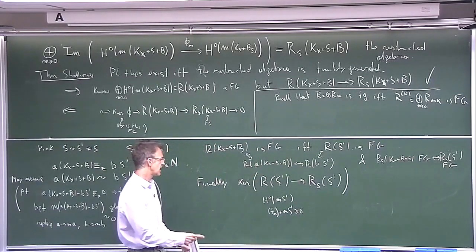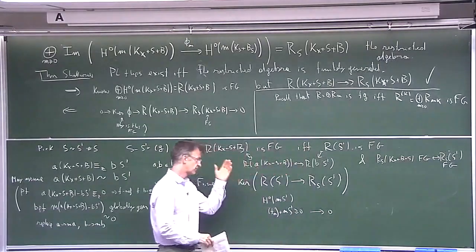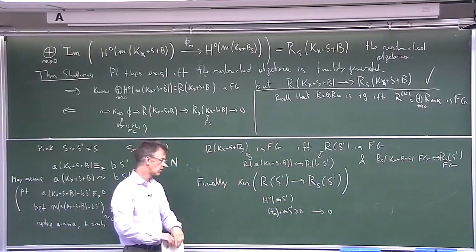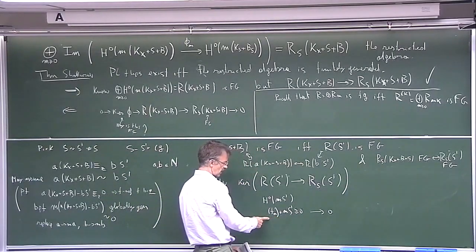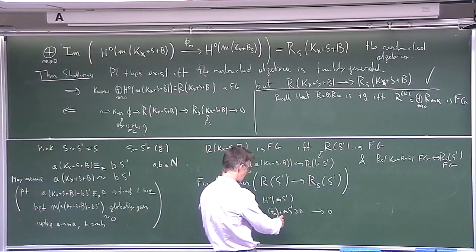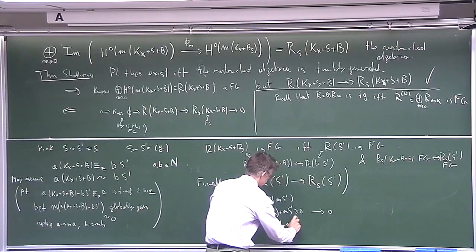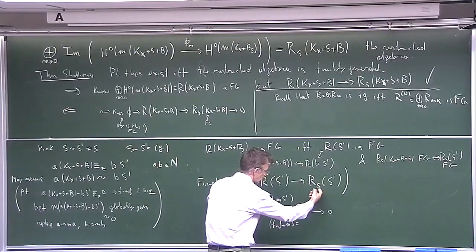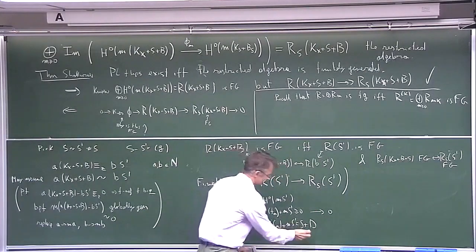Now, if this is mapping to 0, if it restricts on S to 0, that means that, in fact, this divisor, f_m plus m S prime, vanishes along S, so it's of the form S plus D, where D is effective.